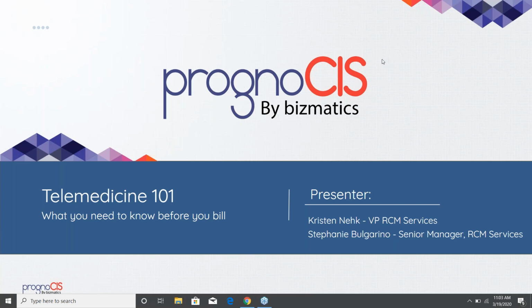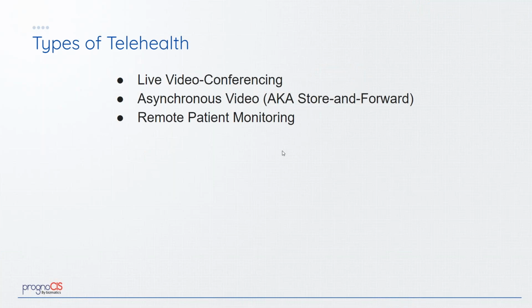Hi, everyone. Thank you, Diya. So to start, I wanted to go over the different types of telehealth. There's three main types. One is live video conferencing. An example would be Zoom. Asynchronous video, or what's known as Store and Forward, is where the patient would video themselves and forward it to you to analyze.